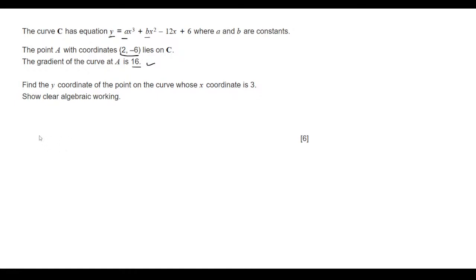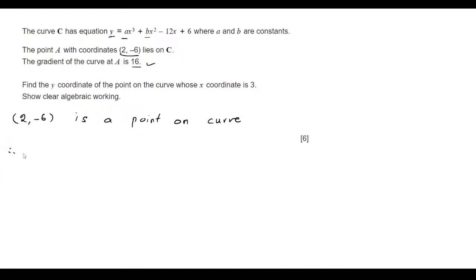First, I will say that (2, -6) is a point on the curve.